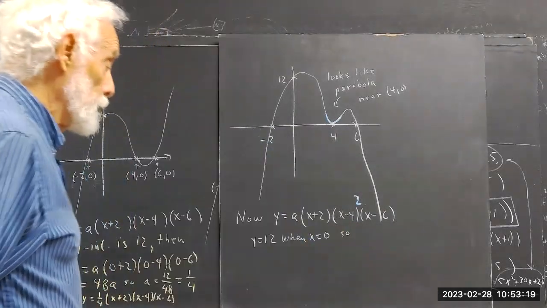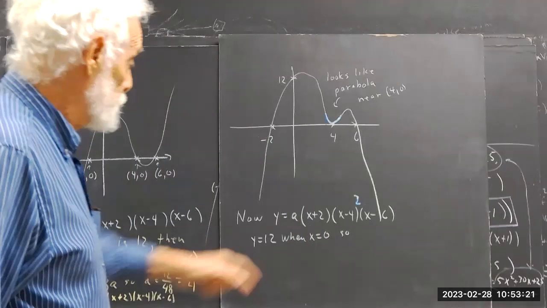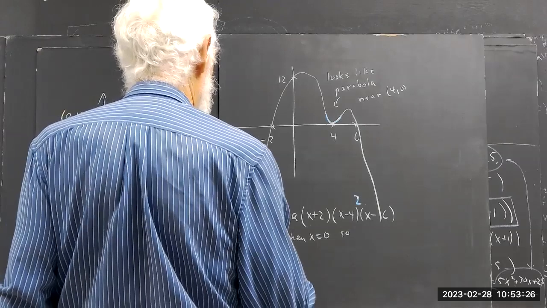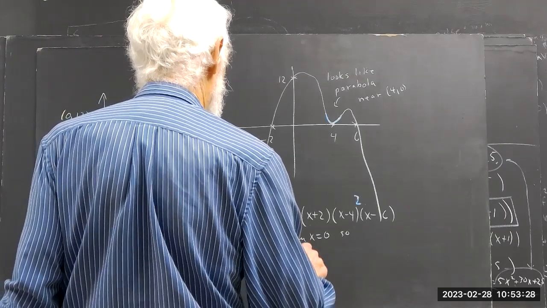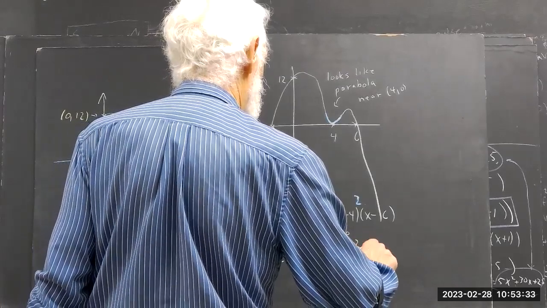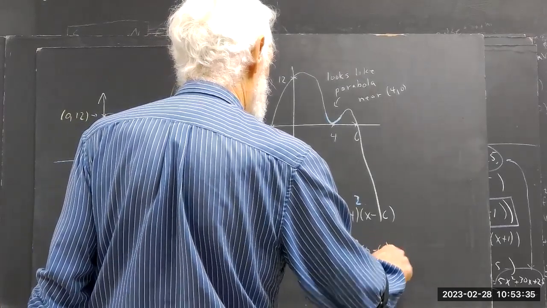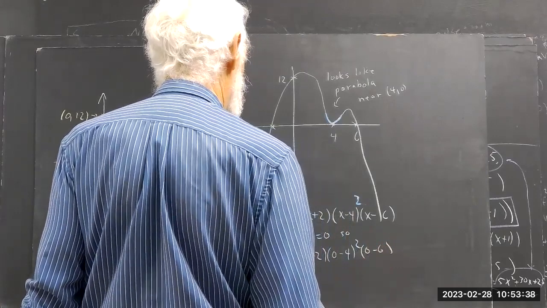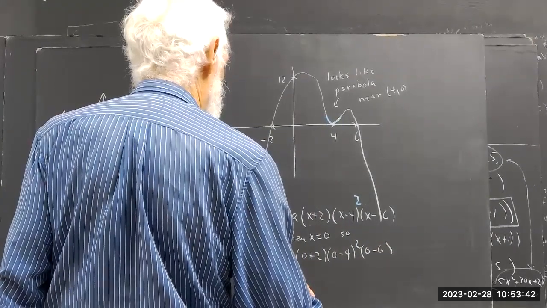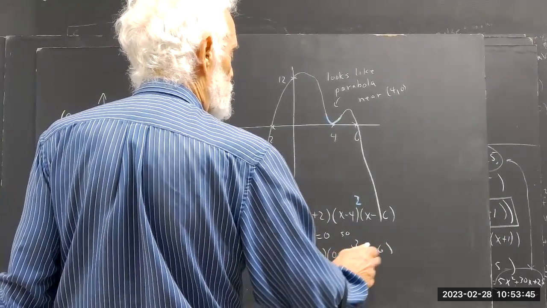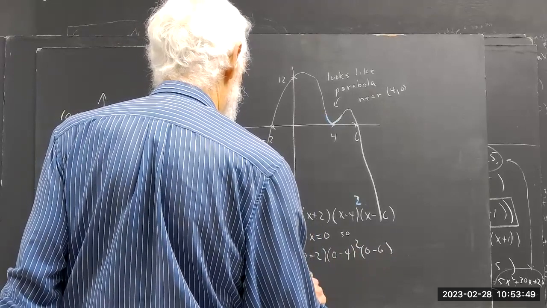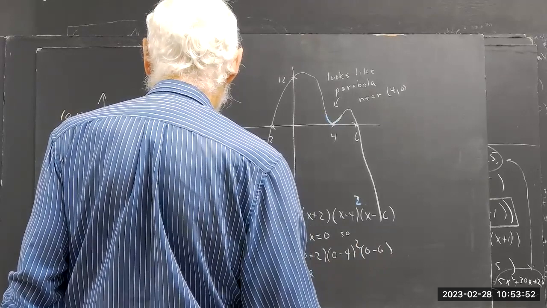Now y is 12 when x is 0, so we can figure out what a is. And we find that we got 2, we got 16, and we got 6. That gives us 96. Actually, no, more than that.